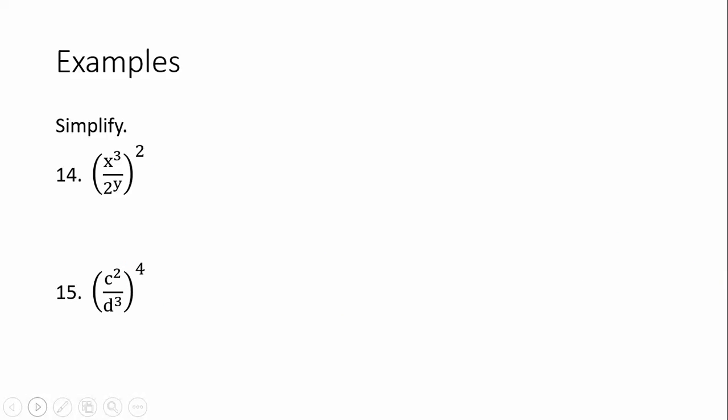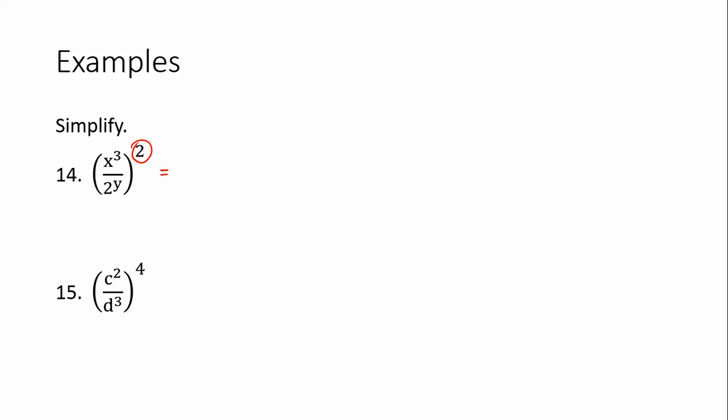Example 14, we have x cubed over 2 to the y power, and it's all being raised to the 2nd. Here's the first case that we see where we've got exponents inside and outside. But remember from our multiplication properties that if you have a power raised to a power, we multiply the exponents. The new property we just learned today says if you have a quotient, like x cubed over 2 to the y, they both are going to get this 2nd power outside.